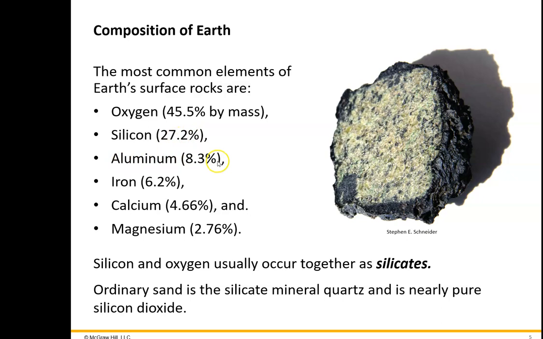Then comes aluminum, and then iron, that's going to come back. We'll talk about why we find so much iron on the planet Earth as well. Then comes calcium, and then magnesium, and then around 1% or so, all the other elements.